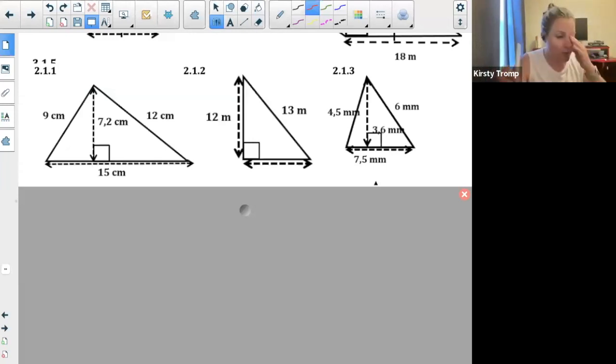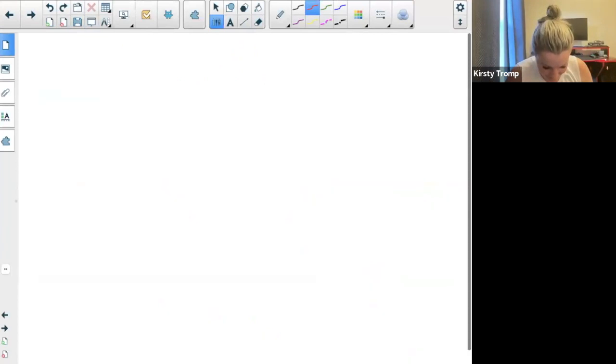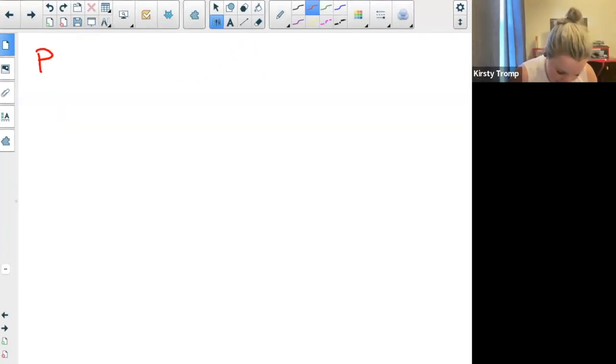Go through 2.1.1 with me. What do I need to do for 2.1.1, Paris? You have to add all of the sides together. Good. So I'm going to say perimeter equals. I don't like working in red pen. Let's go back to purple. Perimeter equals side 1 plus side 2 plus side 3.